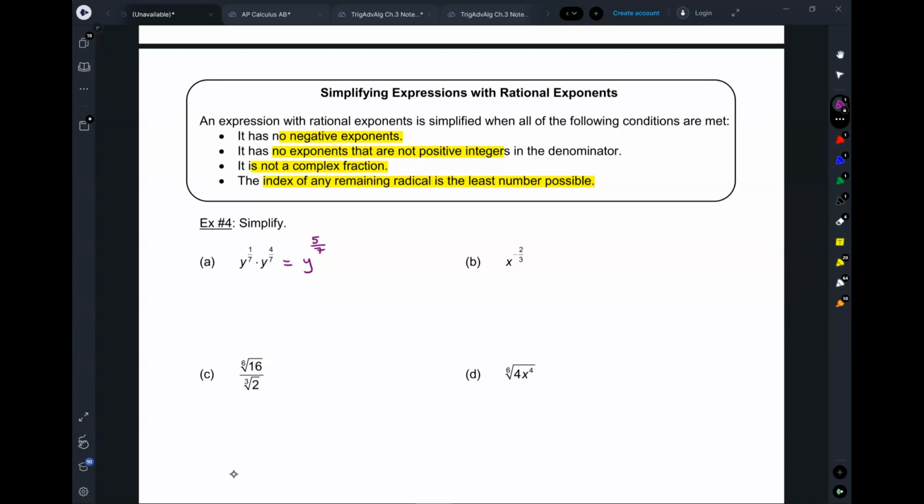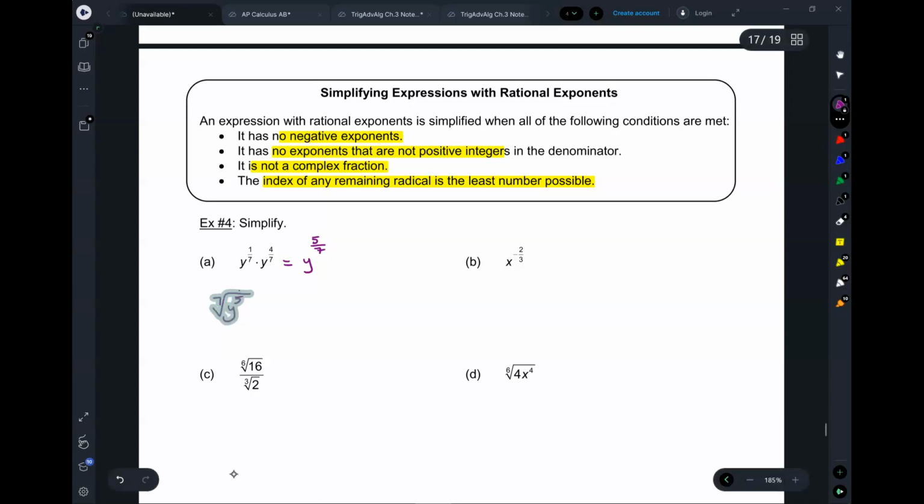When you have a rational exponent like this, you have to make sure that the numerator is a smaller number. Because look, if you rewrite it as a root, you see how this can't be simplified anymore? There aren't enough to take out. This is because the numerator is less. If the numerator was a greater number, then you would have had to simplify further.